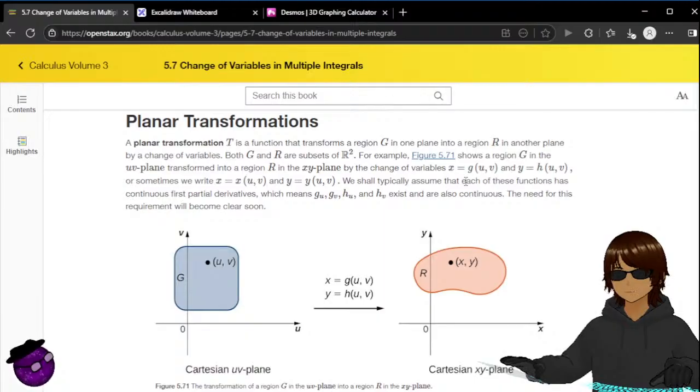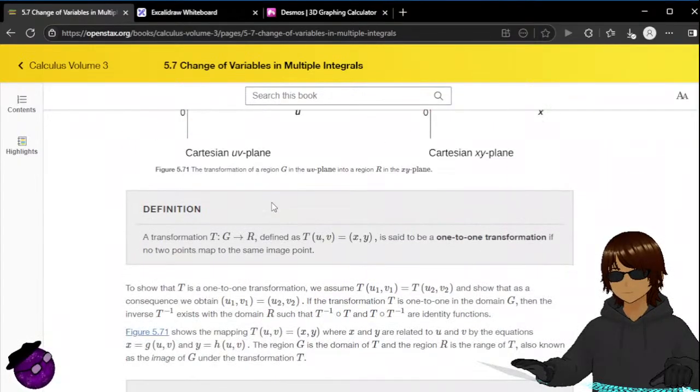We shall typically assume that each of these functions has continuous first partial derivatives, which means g_u, g_v, h_u, and h_v exist and are all continuous. The need for this requirement will become clear soon.